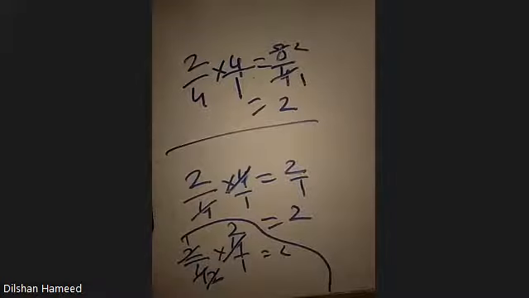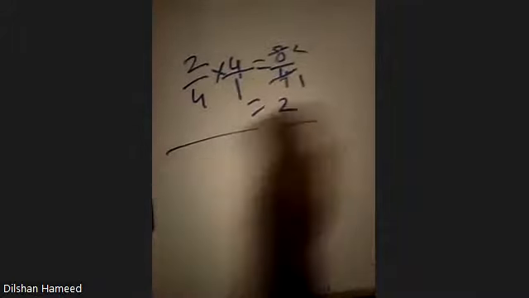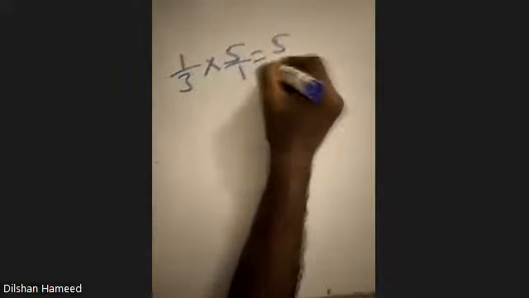Okay, the second question, what was it? Second question is 1/3 into 5, right? 1/3 into 5. So 1/3 into 5 is 5 upon 1, okay, so it is 5 upon 3. The answer is 5/3.